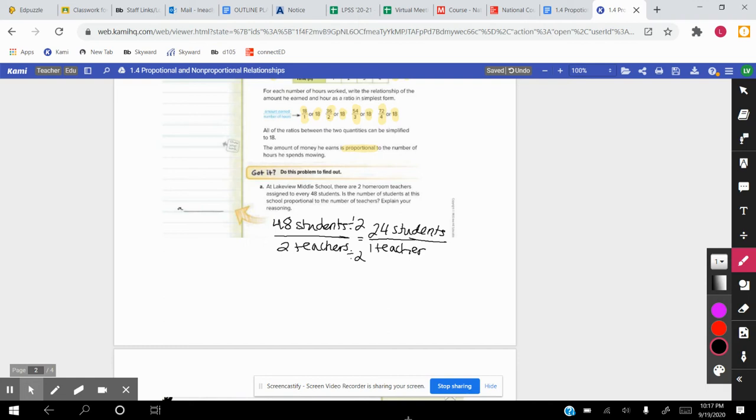I'm going to write that down over to the left. The ratio of students to teachers is constant.